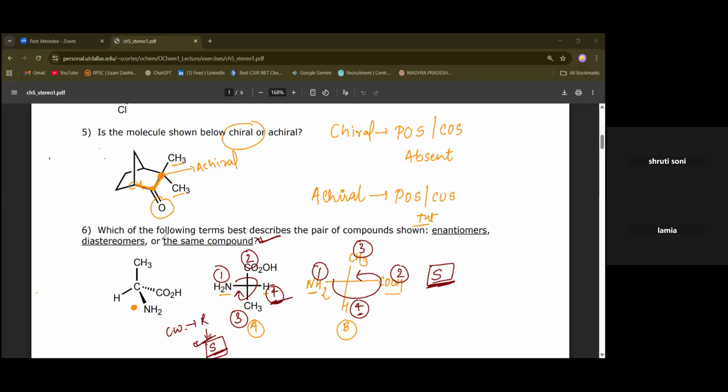It depends on whether they ask about the molecule or the carbon or any center. Do you understand? Okay, so the definition of an achiral versus chiral carbon is the difference in how many groups are different, right? But in terms of the molecule itself, it has to do with the plane of symmetry. Yes, absolutely.